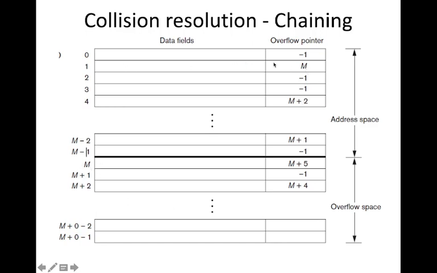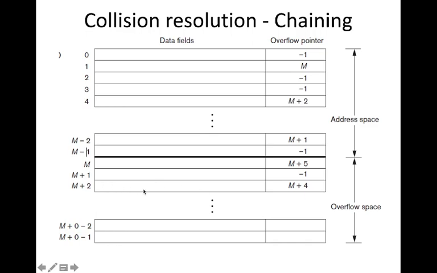If another record hashes to the same thing, it will store this address. That is, if 172 and 172 both hash to the same record here, the first 172 will be stored, and when the second 172 comes, it will go to the overflow pointer and be stored there. In the fourth record also there is another overflow, meaning another record is hashing here, so it will go to the M plus 2 record.